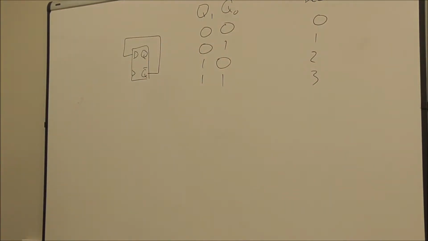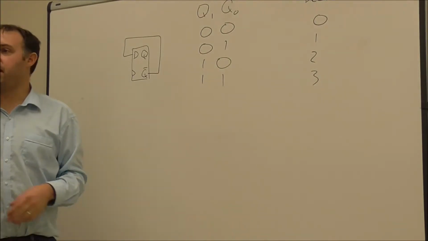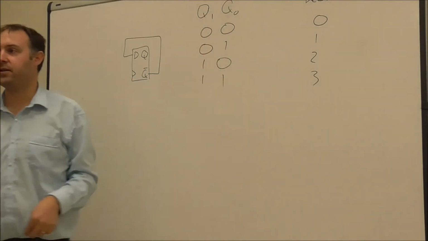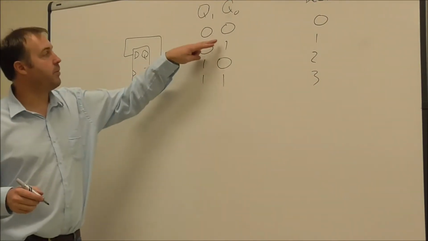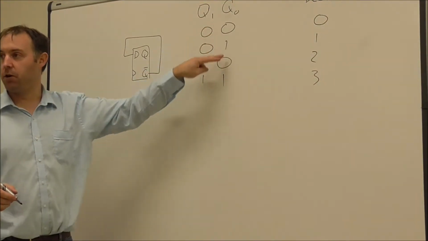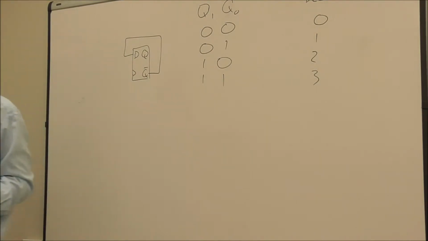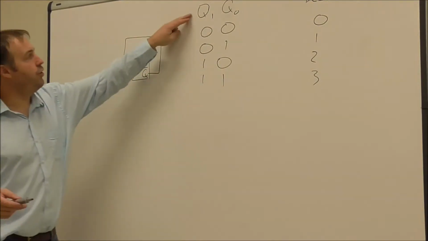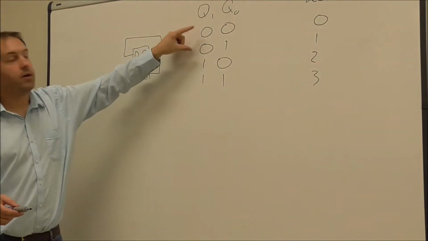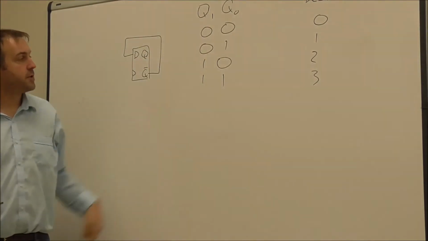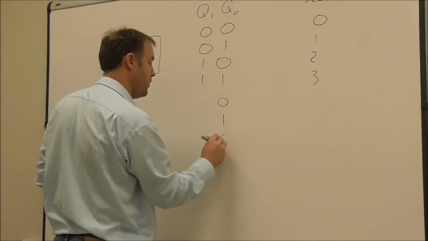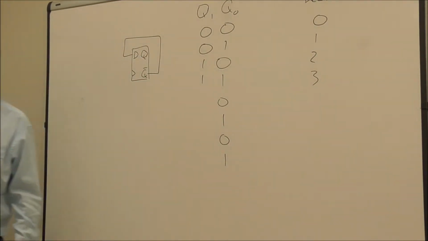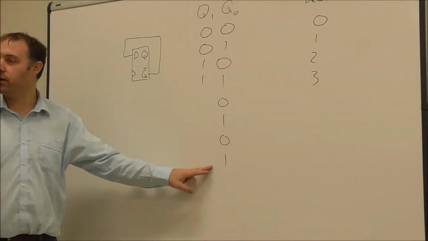So if we had a clock edge that was telling us when to advance to the next number, the rising clock edge told us to go to the next number, then this would be a toggle mode. Now, what do you notice about Q1? It's every 2 digits. So if I were to extend this down, keep counting, I could do that.